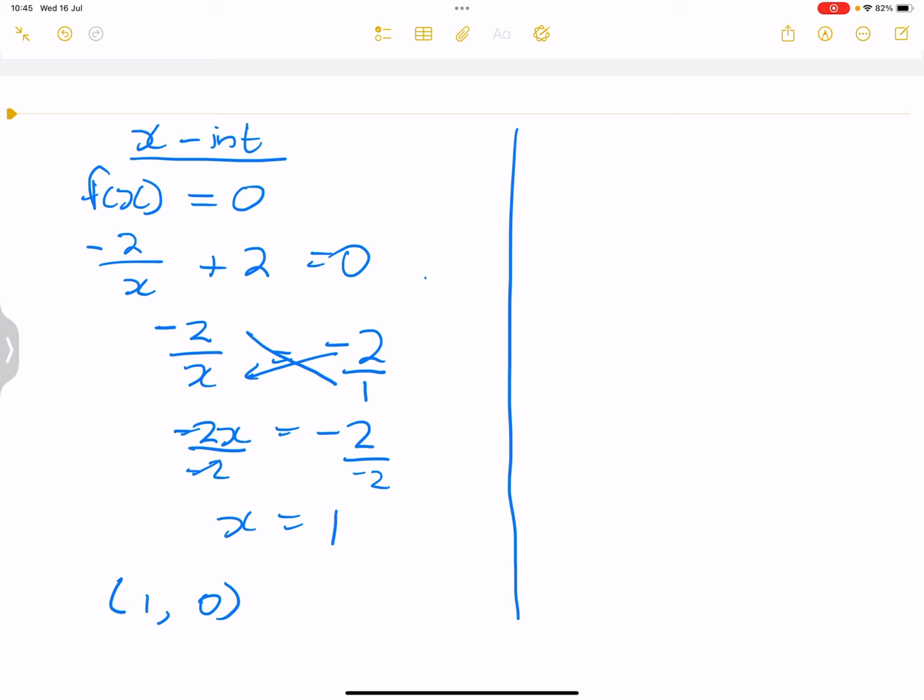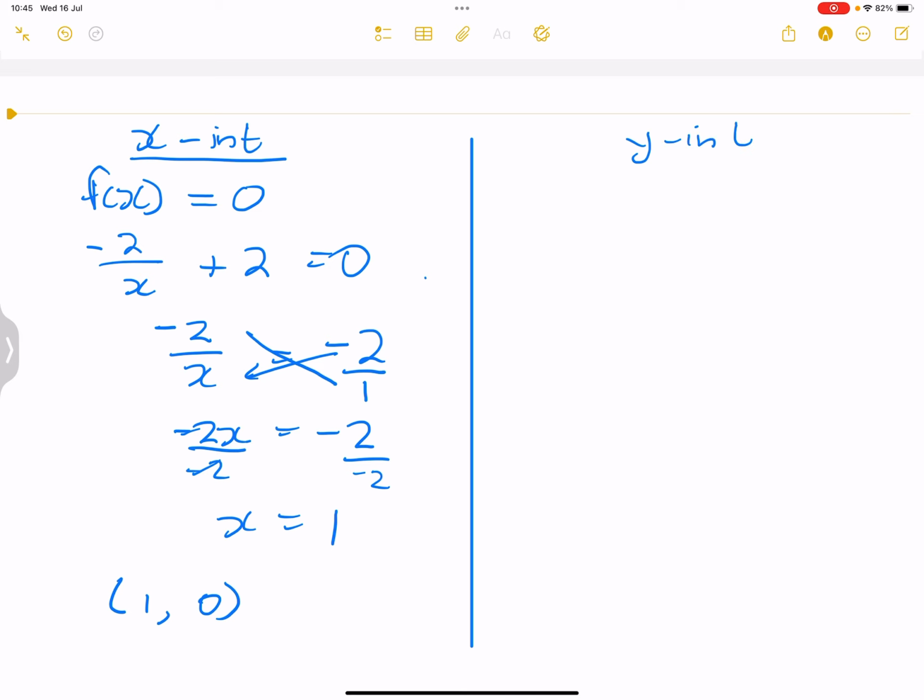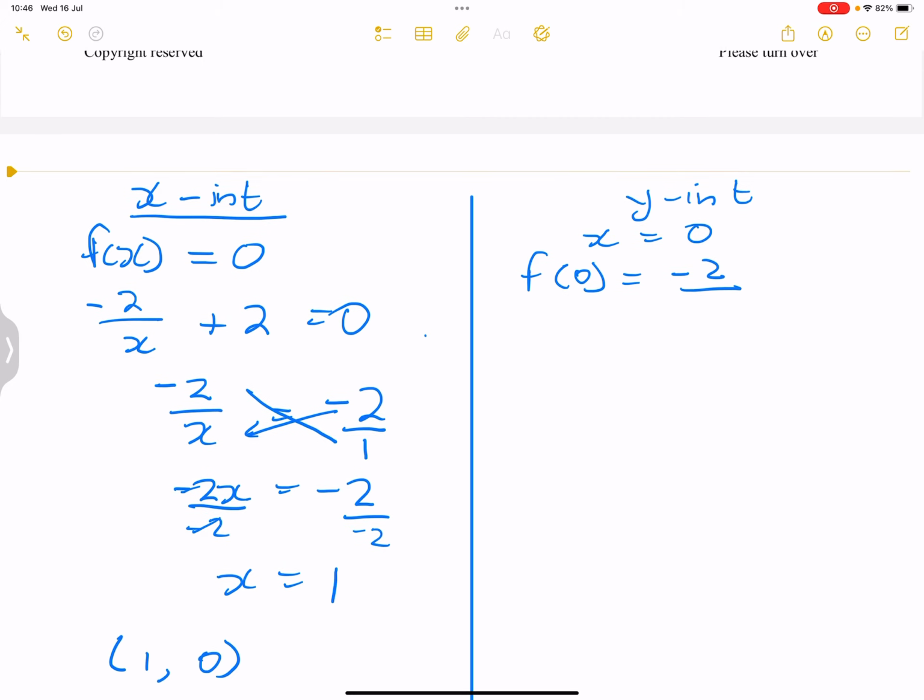But what about the y-intercept? We know this is where x is equal to 0, right? So for our y-intercept, we know that x is equal to 0. So we're going to take f of 0. Everywhere we saw x in this equation, we're going to put 0 there. So minus 2 over 0 plus 2.